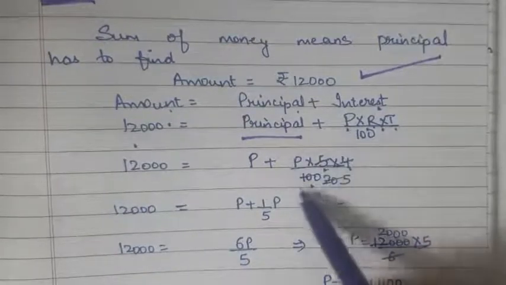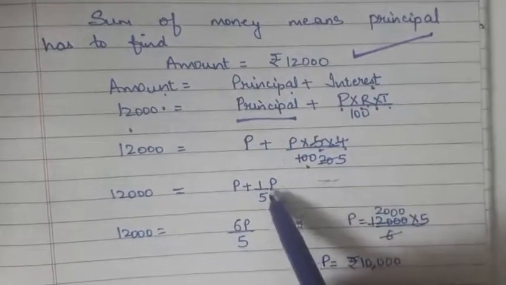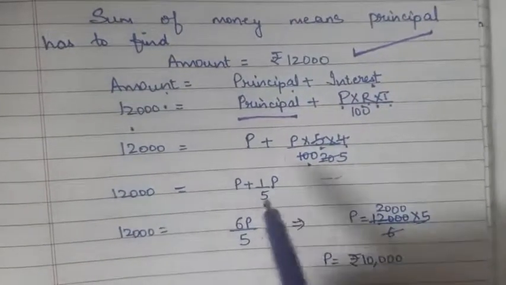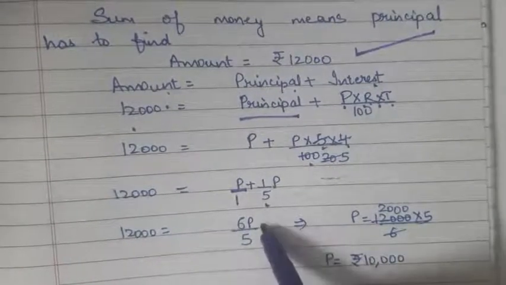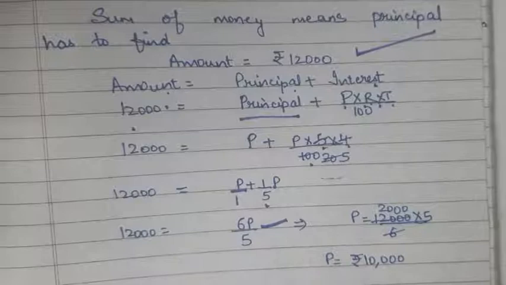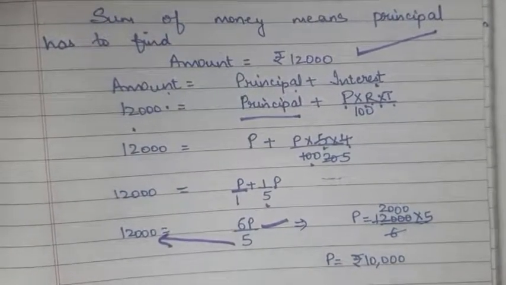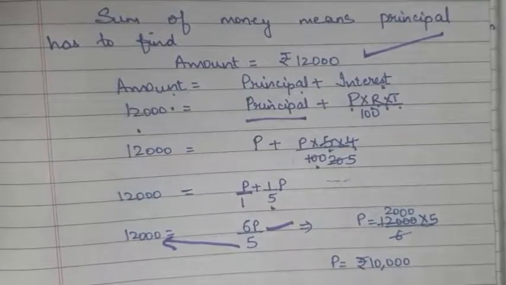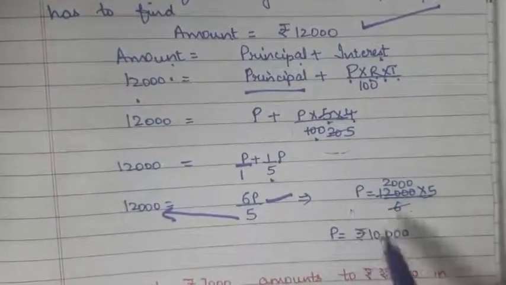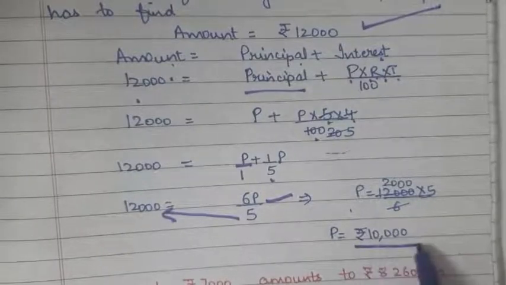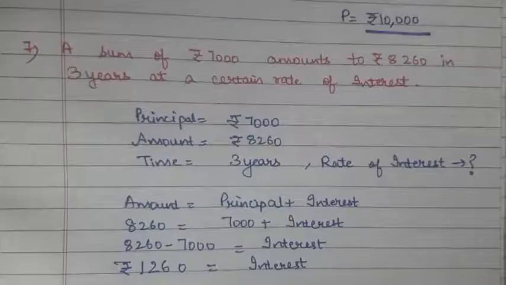So on doing the cancellation part here, we get P upon 5. And on taking LCM here, we get 6P upon 5. Now 5 will shift to that side. It will get multiplied. So we get principal, that is equals to 10,000 rupees.